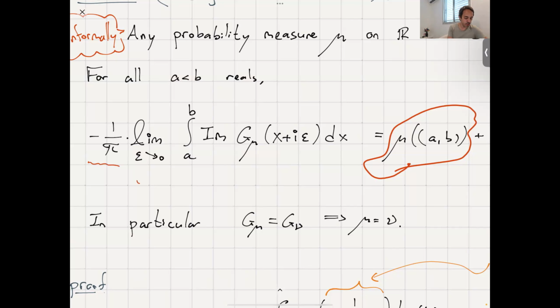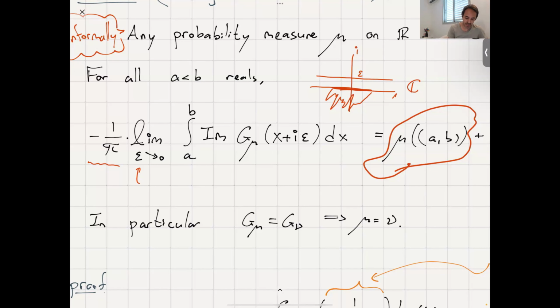What you do is you choose an epsilon that's small but positive, non-zero. In my mind, this is the complex plane. The measure mu sits here somewhere, like the probability measure at every point. You pick some epsilon, some height. This is the imaginary axis.